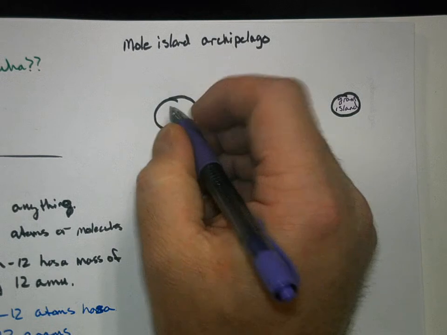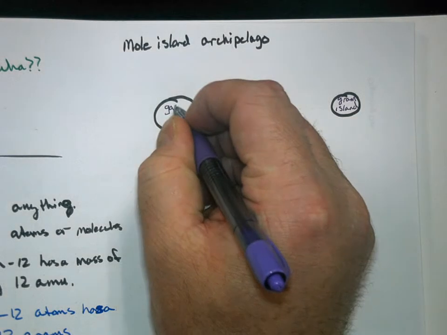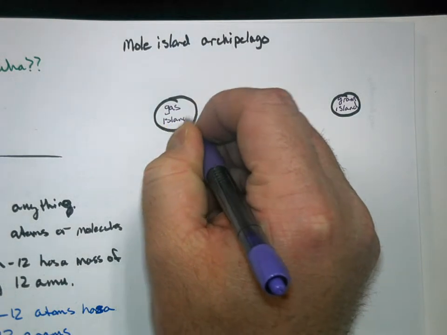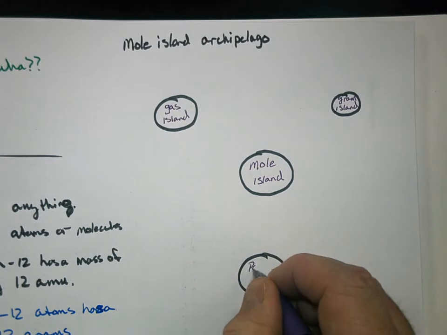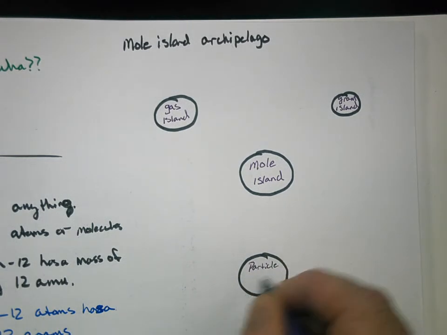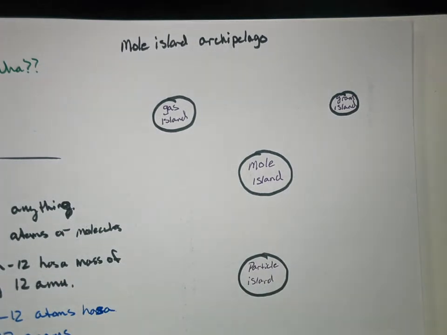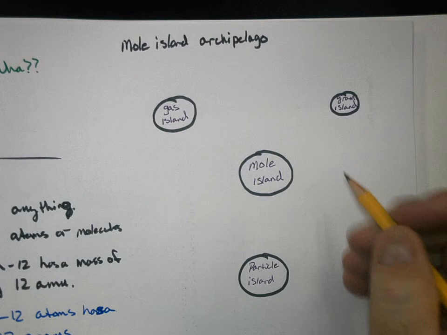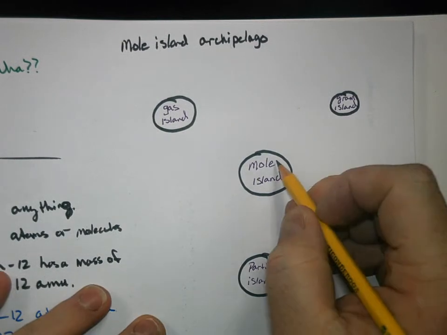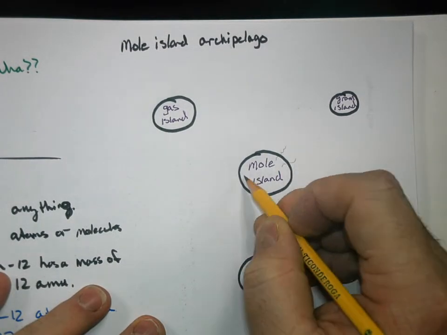This over here is Gas Island. And down here we have Particle Island. And this one you can't see right here is Fantasy Island. You can't see it, but it's over here. You know why you can't see it? It's fantasy, right? So, to further make Mole Island more realistic, we need to draw the little hairs growing out of it.